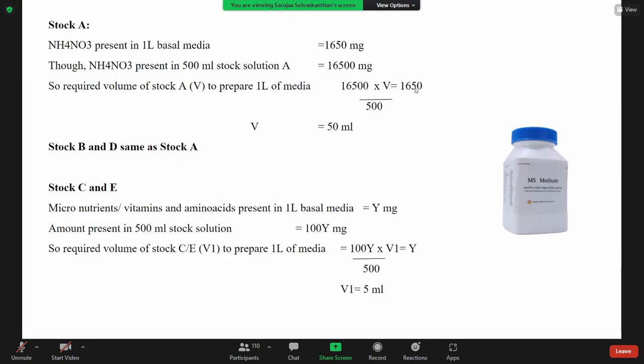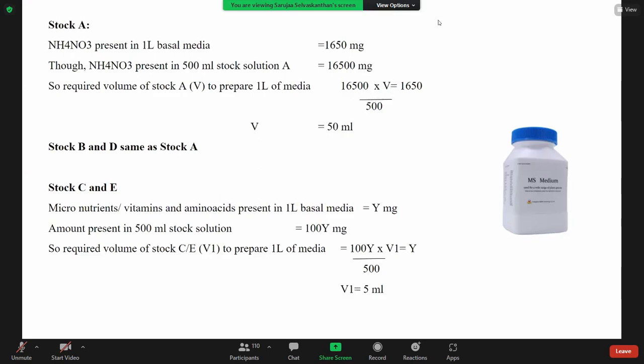Because the 1 liter media we are going to prepare should consist of 1,650 milligram ammonium nitrate. So the particular volume of stock solution we take should contain this 1,650 milligram ammonium nitrate.